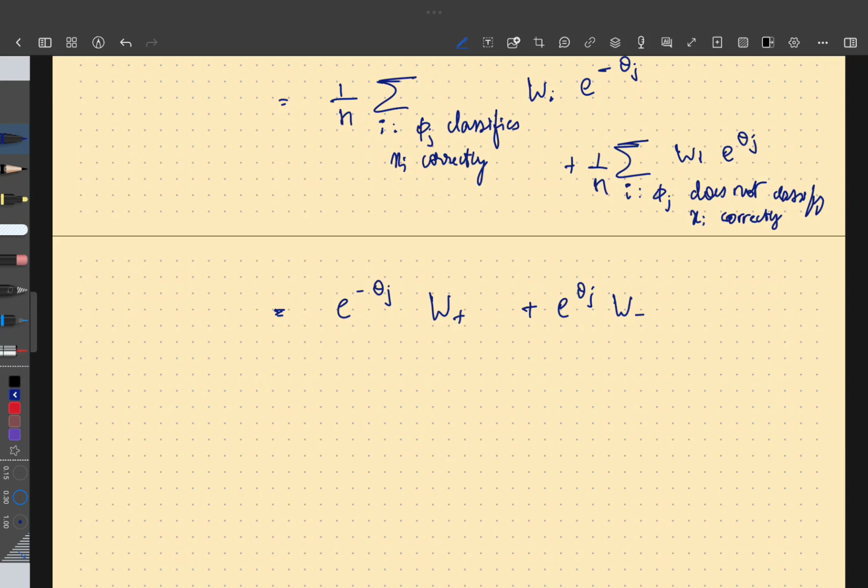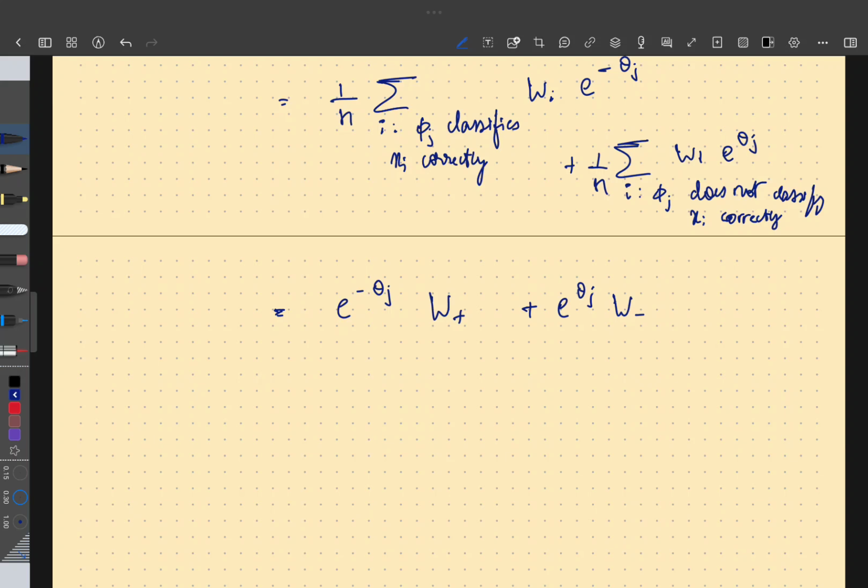What's the most basic test you know? Okay, what is the second derivative of this with respect to theta j? It's the function itself. And what can you say about the function? Is it non-negative, non-positive? So it's non-negative. The second derivative is non-negative. Therefore, the function is convex, right?